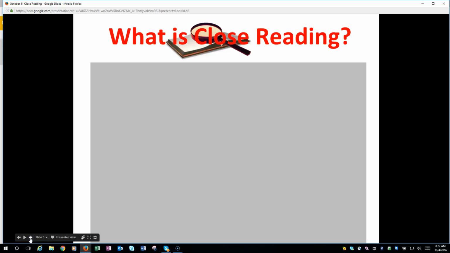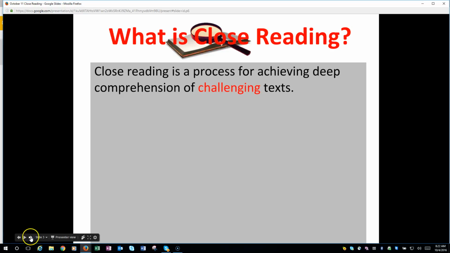So, once again, what is close reading? It's just like we said. Close reading is a process for achieving deep comprehension of challenging text. Not all texts are a close read. There are certain types of things that kids could read on their own, and they have the ability to gather meaning from them.